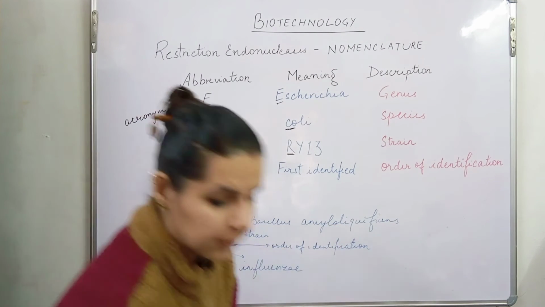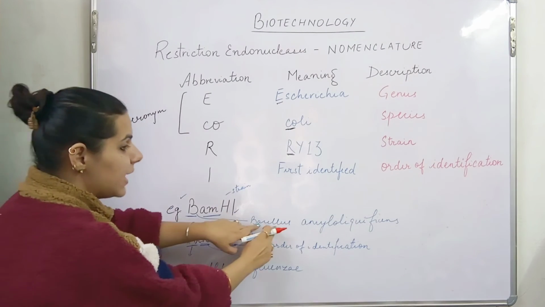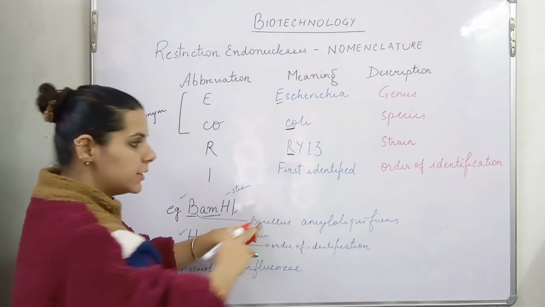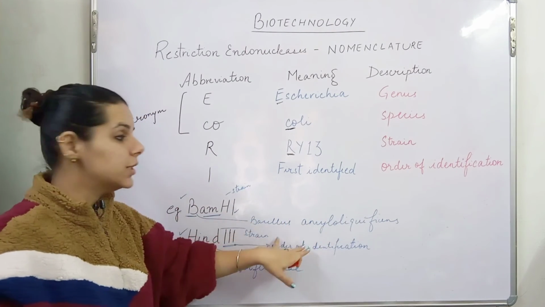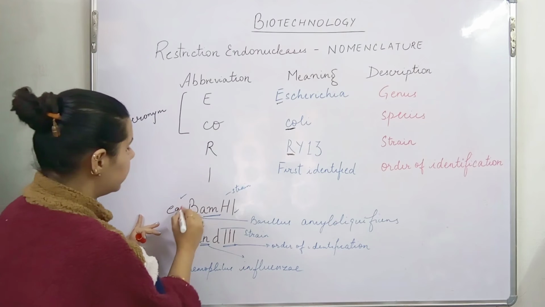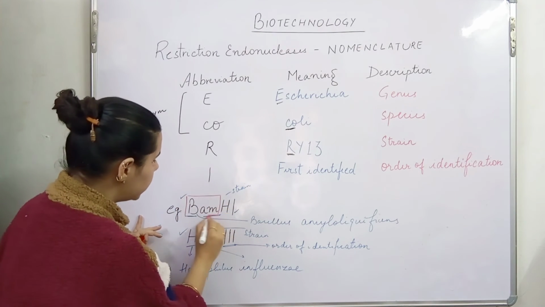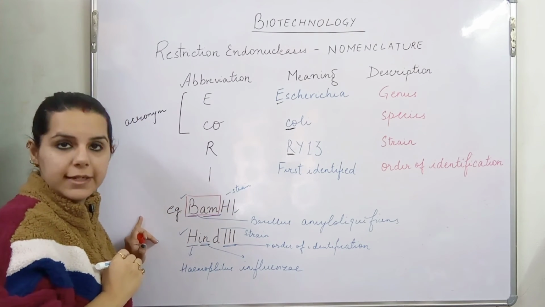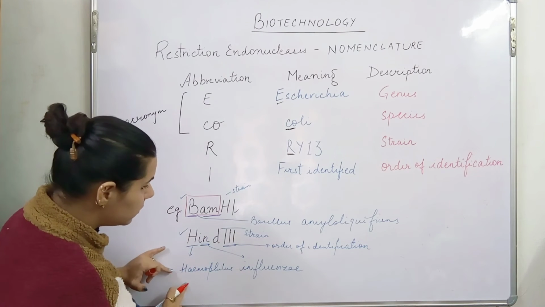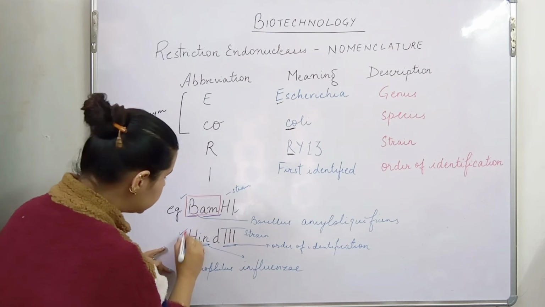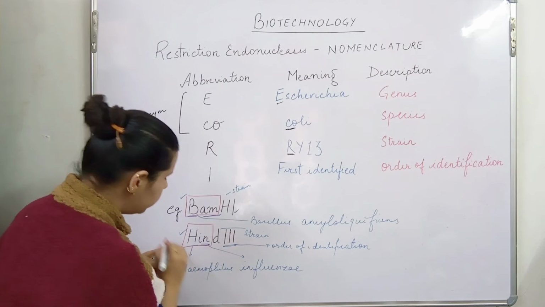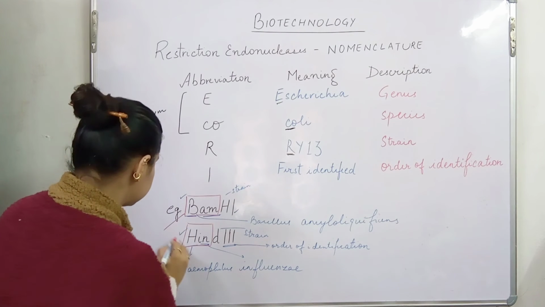So you can see here with Bacillus amyloliquefaciens, because this is the genus and the species, this three-letter acronym will be written in italics. Similarly, in Haemophilus influenzae, this Hin three-letter acronym will be written in italics.